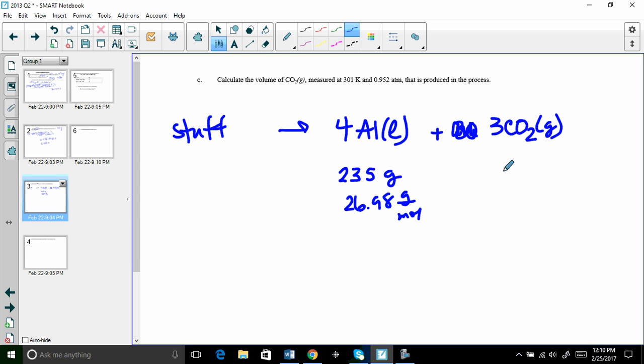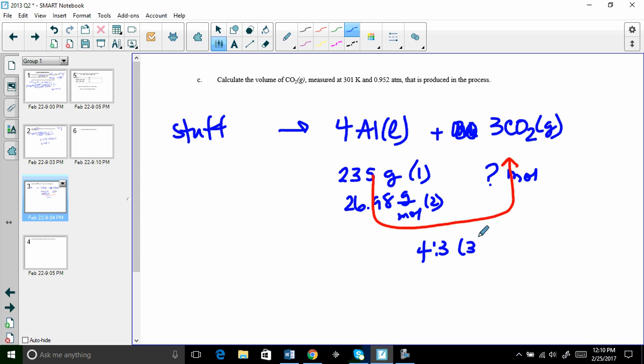The first thing I'm going to do is figure out how many moles there are of this. Back last year in chapter 5, when you were doing the gas laws, this would be called a mass-mole problem. So this would be step 1, this would be step 2. You'd use this 4-to-3 mole ratio in step 3, and then you'd be done, because if this is a mole, we don't need to know the molar mass.